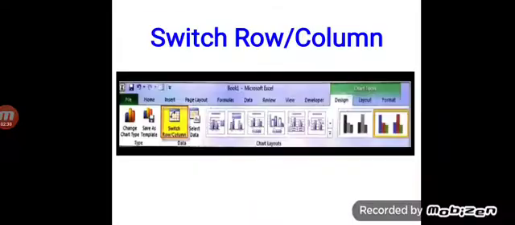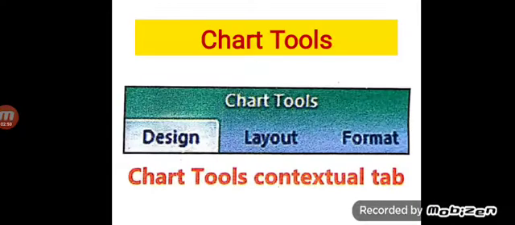Let's see how. First, if you want to switch the row and column in the chart, how will you do that? First of all, to make any changes in the chart, you will need to select the whole chart first. As soon as you select the chart, this contextual tab will open.